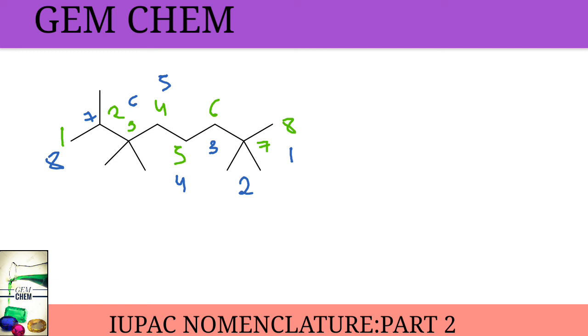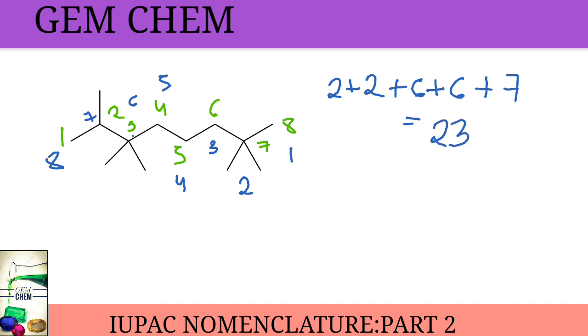For this, the 2 methyls are present in 2 positions, plus this one is present in 6 position, plus 6 and another in 7 position. So we get 12, 13, 14, 15, 16 and 16 plus 7, 22, 23. Right. Now for the other one, the green one, we get 2 plus 3 plus 3 plus 7 plus 7. So 22.